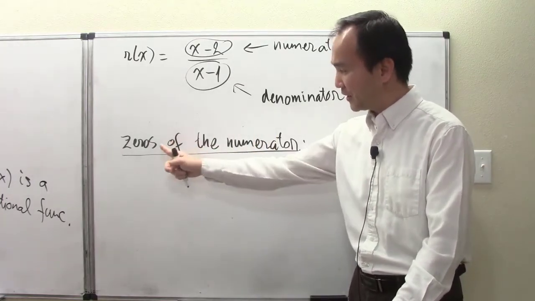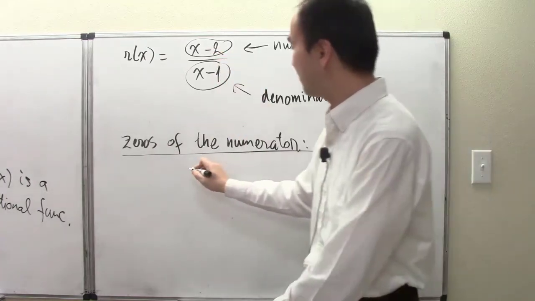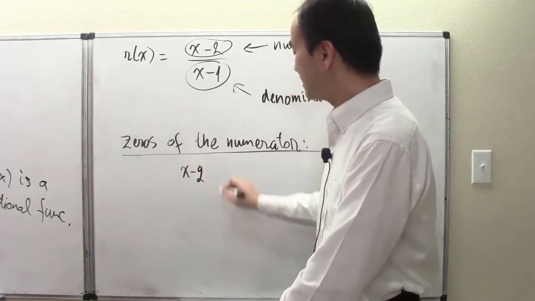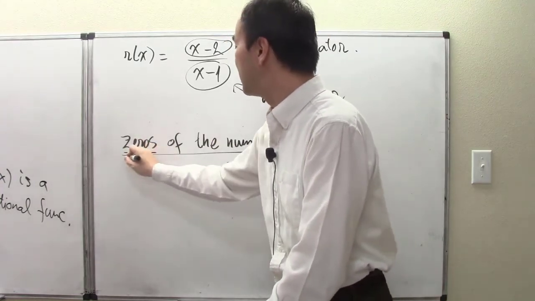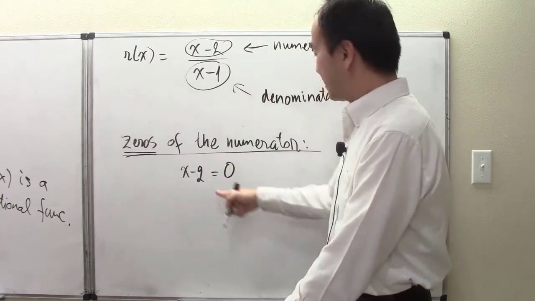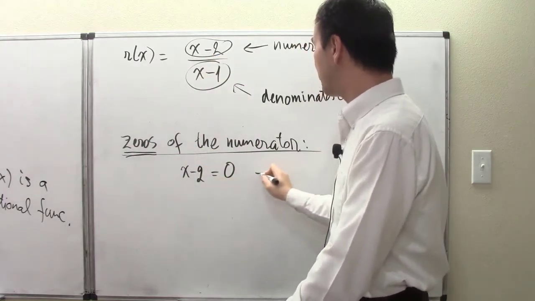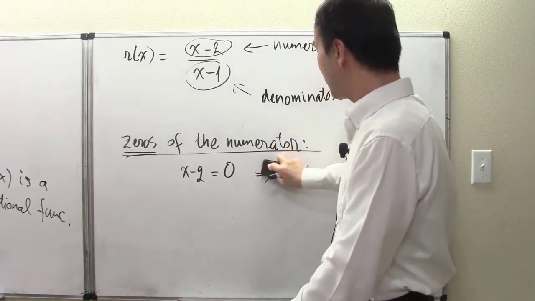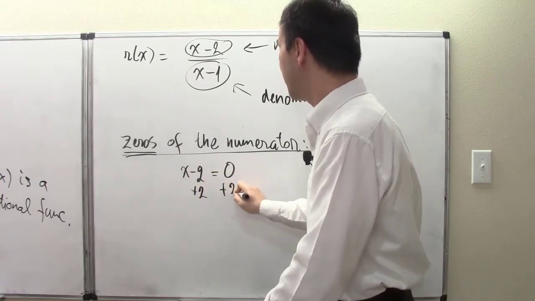So now as far as the zeros of the numerator, I isolated out the numerator here. We only have the x minus 2. So I'm going to set that equal to 0 because we want to find the zeros of the numerator. And this is the only distinct linear factor. So quickly solving that, I'm going to solve this by adding 2 to both sides.